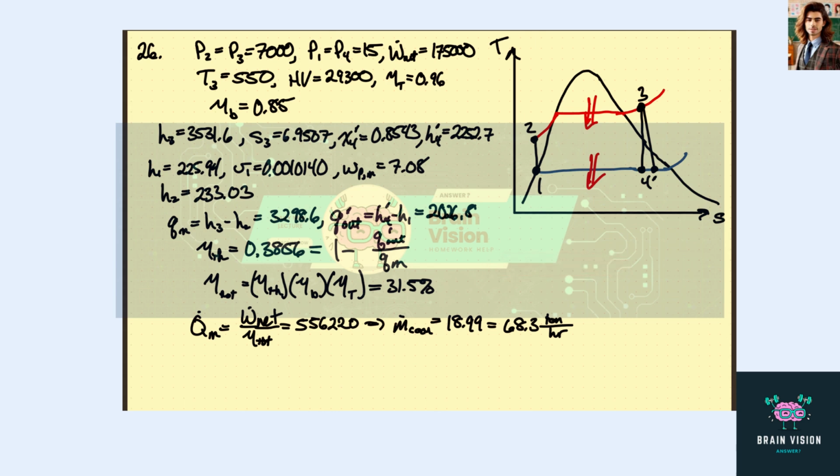What we wind up needing is very close to 19 kilograms per second of coal, which if you convert it into a real power plant, is 68.3 tons of coal per hour. So that's a metric ton of coal per hour being burned to produce this 175 megawatts.